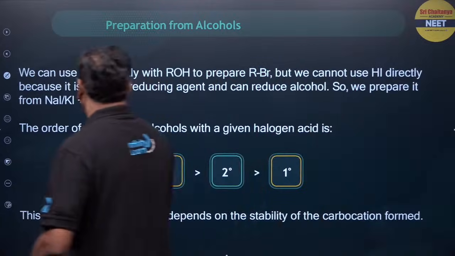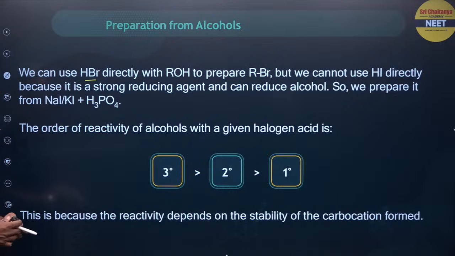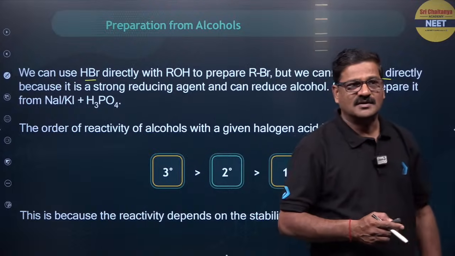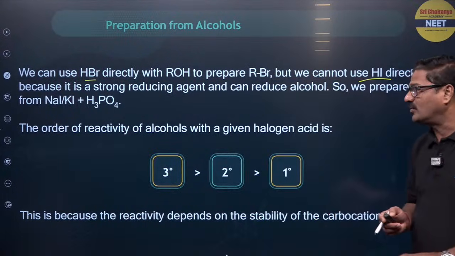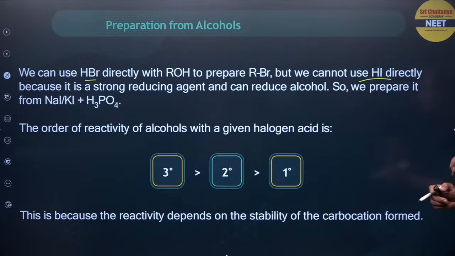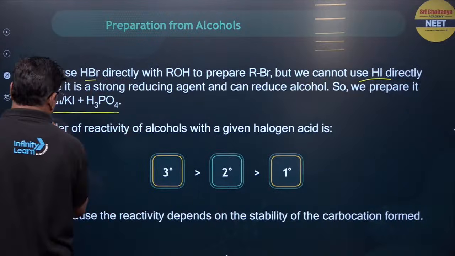The reason is we can use HBr directly, which converts ROH to RBr, but we cannot use HI directly. HI you can't use, it is a very strong acid. Handling HI is very important because it is a strong reducing agent and can reduce alcohol. So we prepare it using NaI, KI or H3PO4.